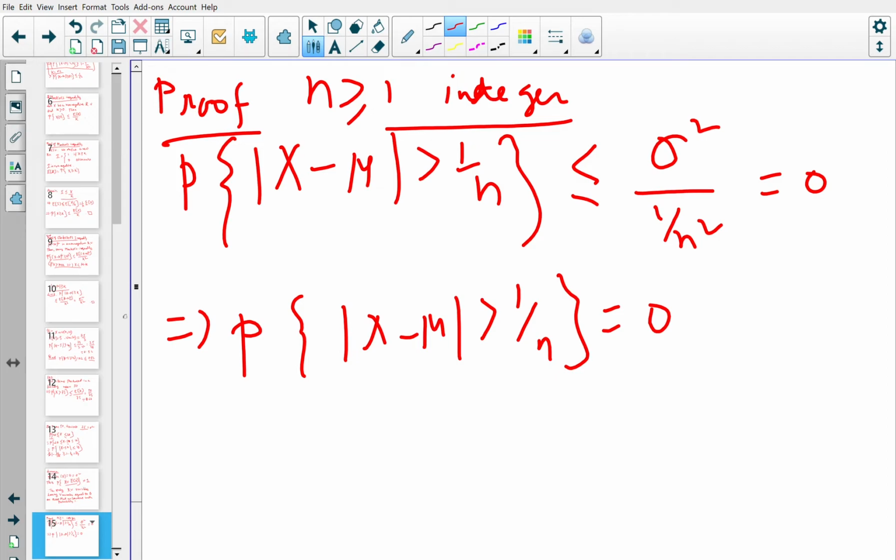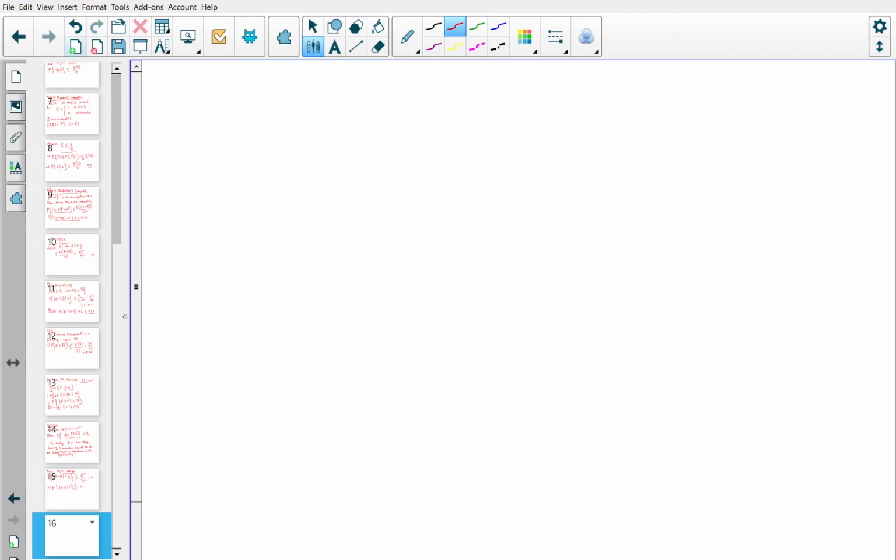So what is this quantity? Let me ask you this question first. Next page. What type of random variable is this?